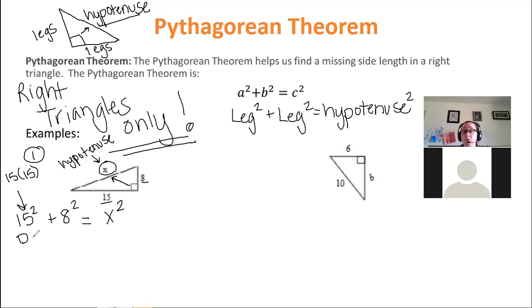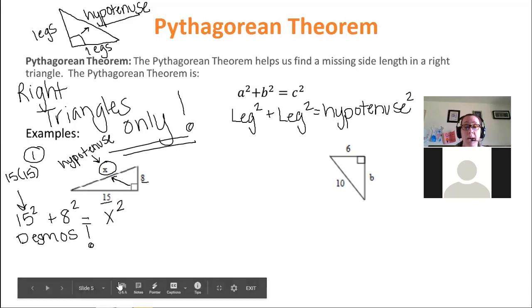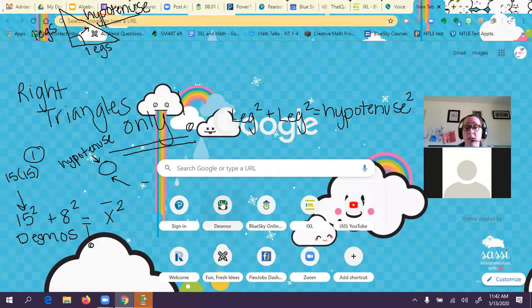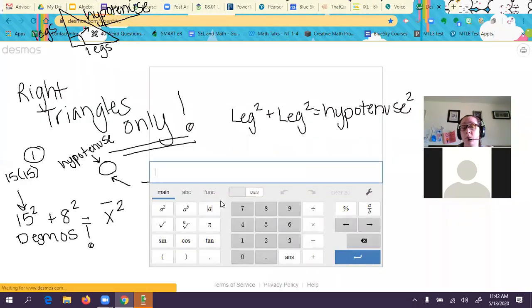Now we're going to go to our favorite website ever, Desmos, because Desmos is just super helpful at this part. We're going to type it in because the way we do it is we evaluate the 15 squared plus 8 squared, and then we're going to take the square root.